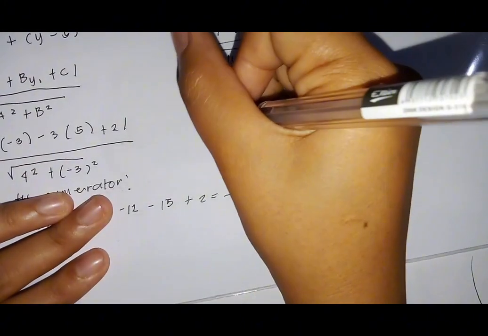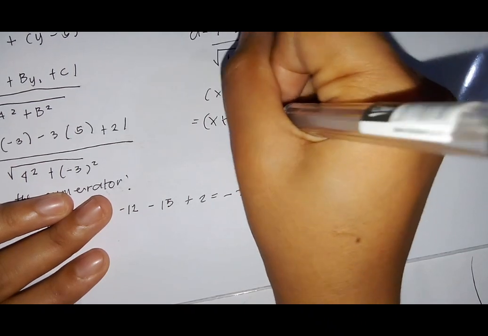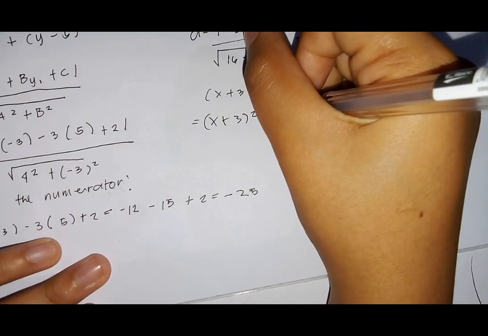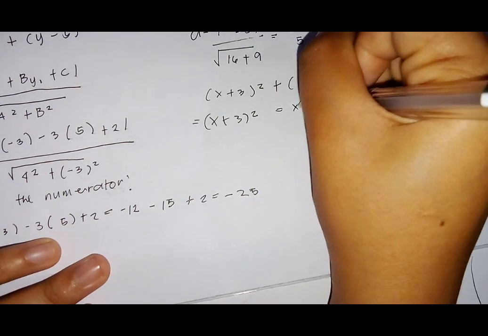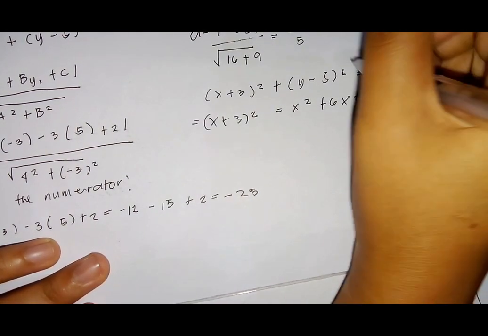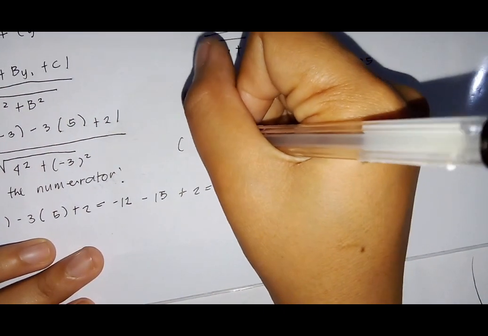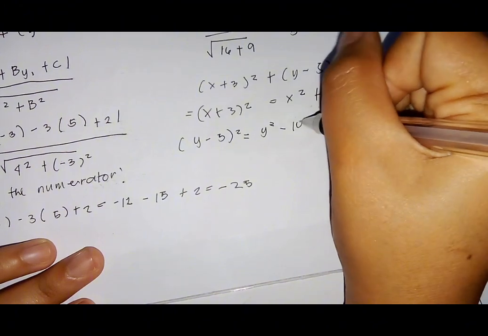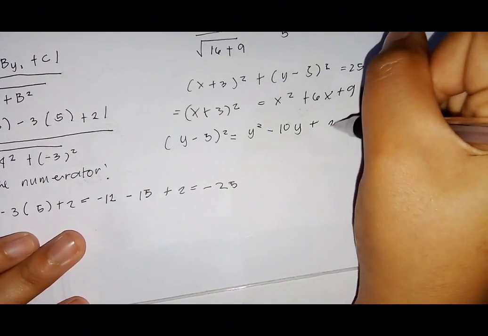So we have x plus 3 squared is equal to x squared plus 6x plus 9. And y minus 5 squared is equal to y squared minus 10y plus 25.